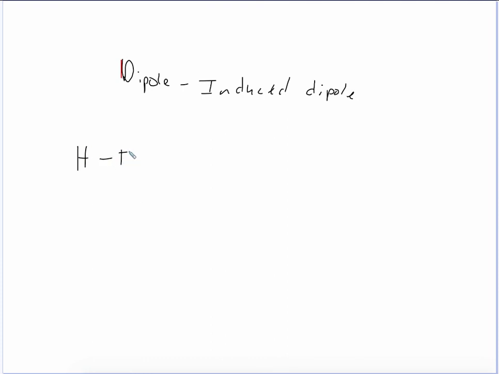This is what happens. Okay, so let's say we have a dipole, like let's say we have HF. And so like let's say we have a molecule right here of HF. HF, this side of it's going to be negative, this side's going to be positive because it's a polar molecule. You could draw this to show that if you wanted. But anyway, this side's going to be negative.